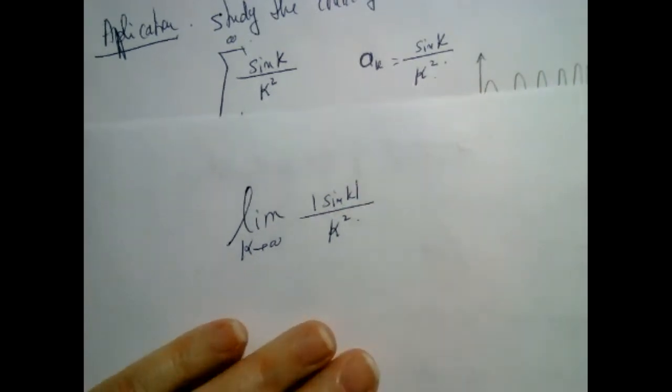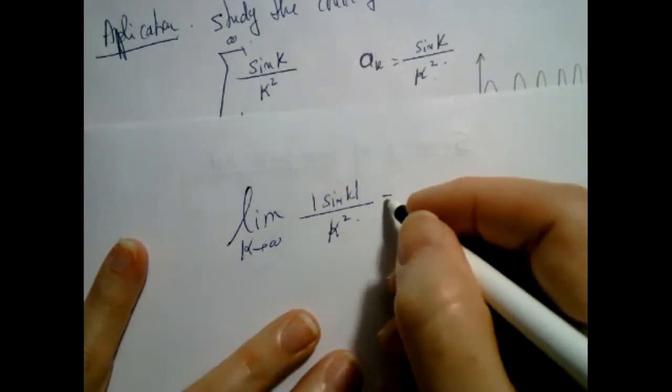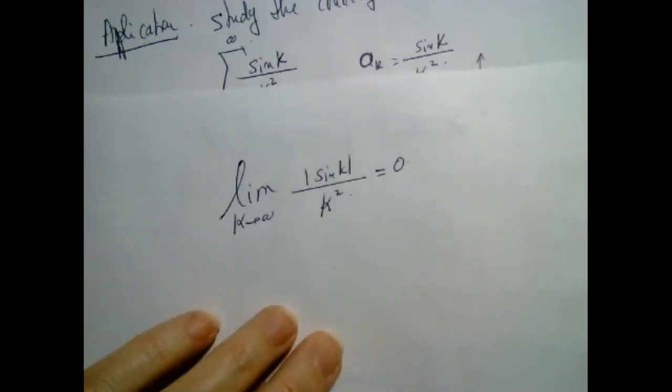The question is, what happens to this limit when k goes to infinity? It goes to 0, correct. Why? Because it would end up being a very small number over infinity. Exactly.